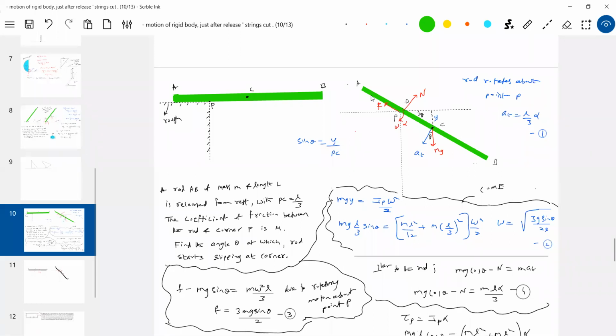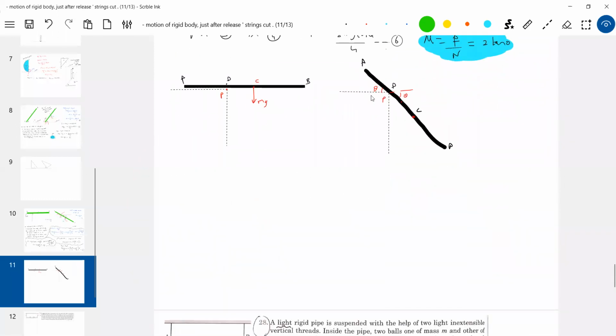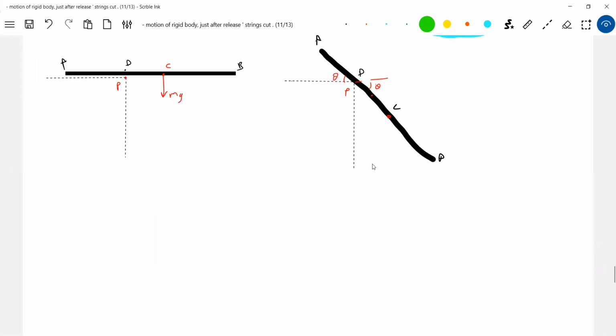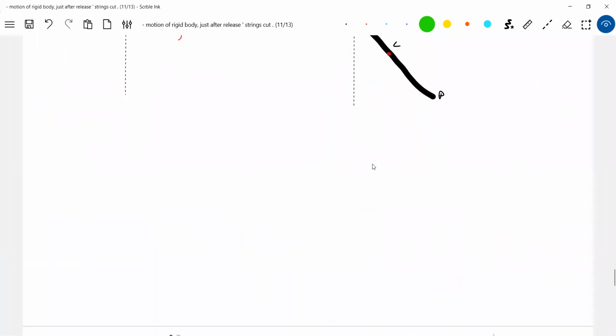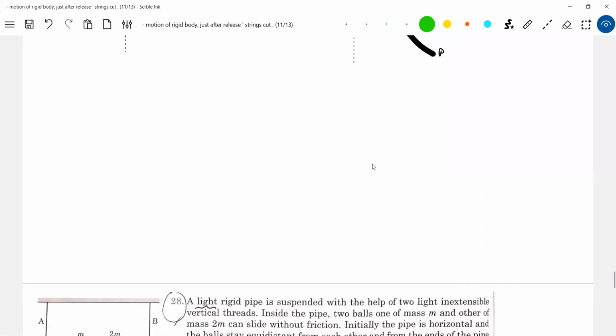Getting the idea? Now what we did for the rod, sir, what if it is something other than a rod, can we work it out, or can such numericals be solved only for a rod? There's a generalization now. So the whole rigid body has to be learned like this only. First rod, then generalization.